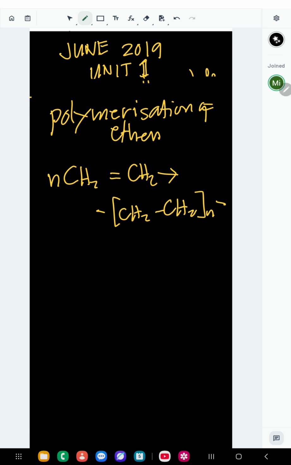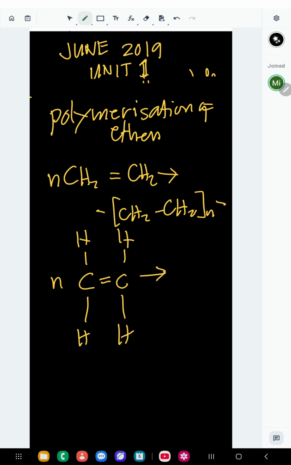Okay, then it says displayed formula, so we can draw this carbon double bond, then hydrogen attached to it, and then into, how come it's different here? Should be CH, or you can draw just this one, carbon, hydrogen. Just follow what is in the paper.